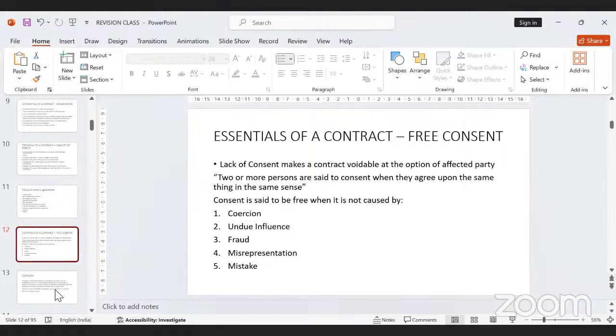Okay, so what happens if the consent is not free? If the consent is not free, the contract becomes voidable. When does it become voidable? It becomes voidable at the option of the affected party.